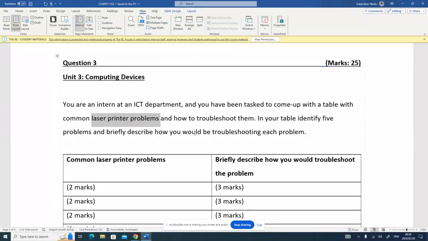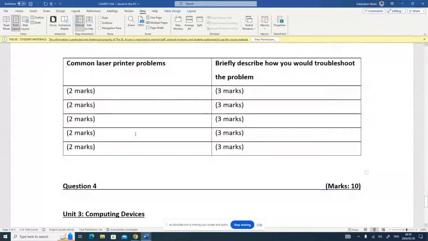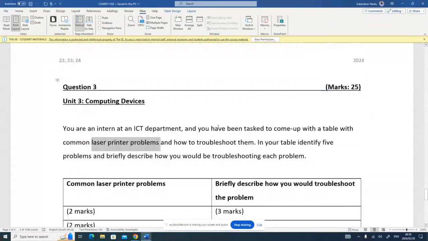Got nothing to do with laser printing problems. So be specific about the printing problems that are associated with a laser printer. So identify 5 of these problems and describe how you're going to fix those problems. So this is question 3.